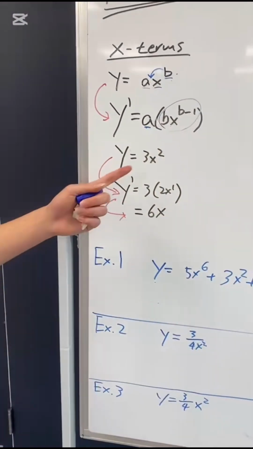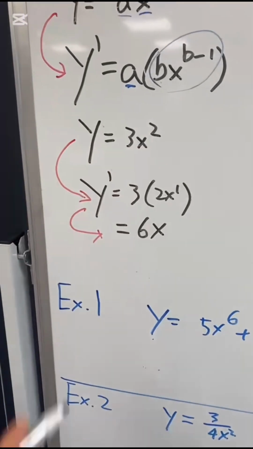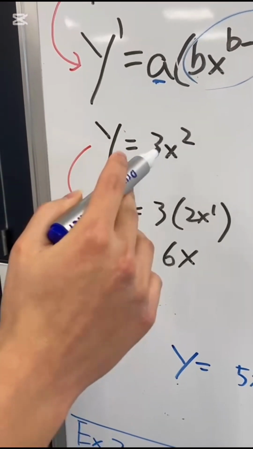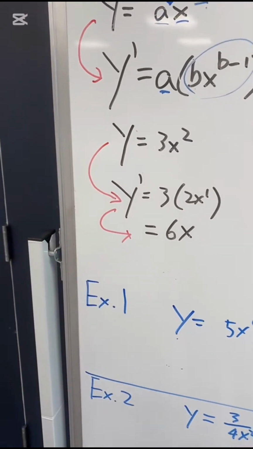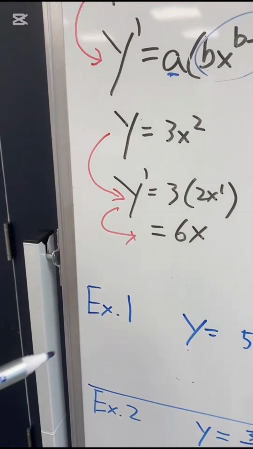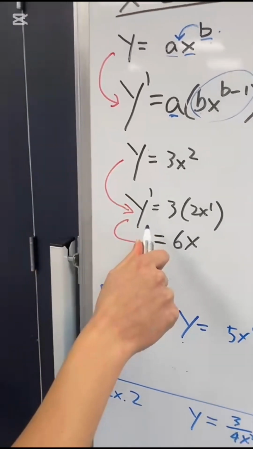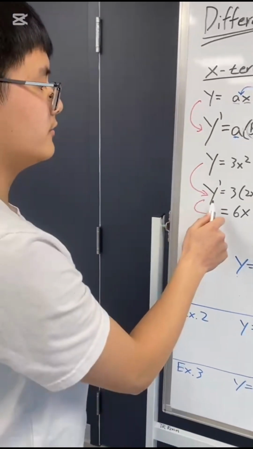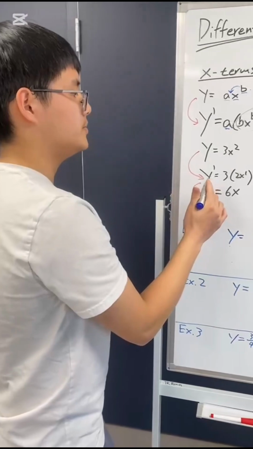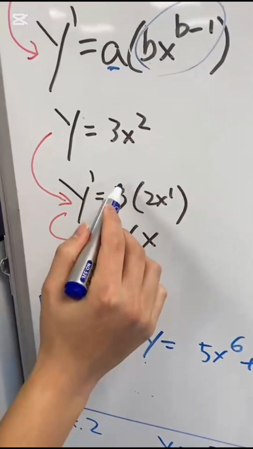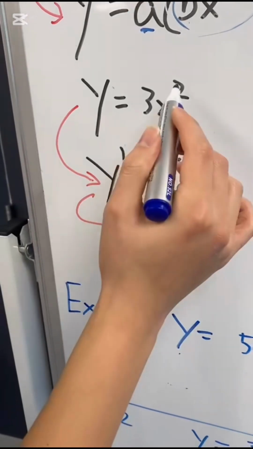So here for an actual example, say y is equal to 3x squared in the original equation. How you're going to get the differentiation into the derivative equation is, we take 3 and separate it from the rest of the term.